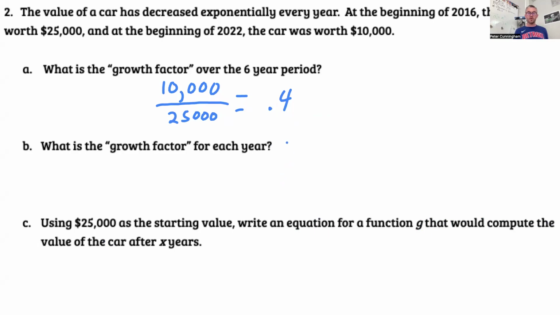Okay, so that car over 6 years is now worth 40%. Well, what happened each year? Well, if you take that 0.4, you take it to the power of 1/6, you found out it was actually worth 85.8% of what it was the previous year, year after year after year.